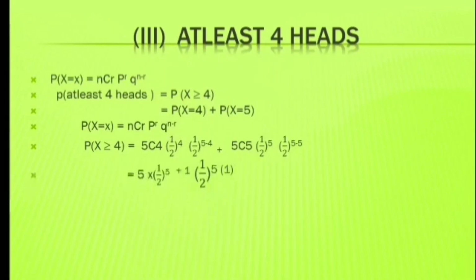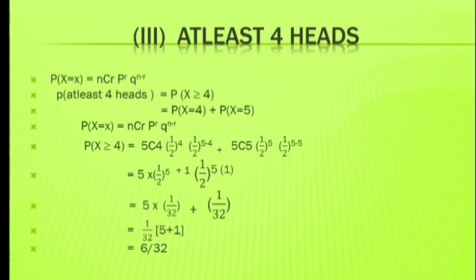Simplifying, you get 5 into (1 by 2) power 5 plus 1 into (1 by 2) power 5 into 1. Here (1 by 2) power 5 is 1 by 32. Taking 1 by 32 common, 5 plus 1, the final answer is 6 by 32, which is equal to 3 by 16.